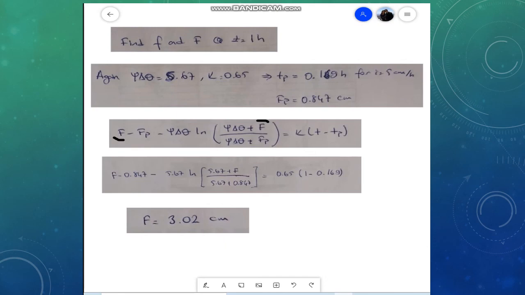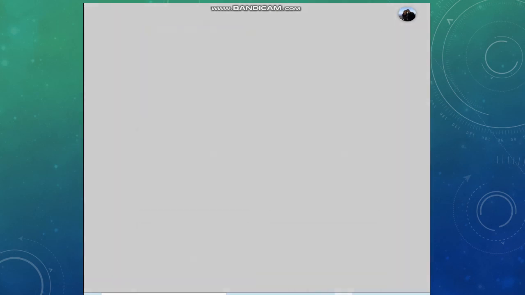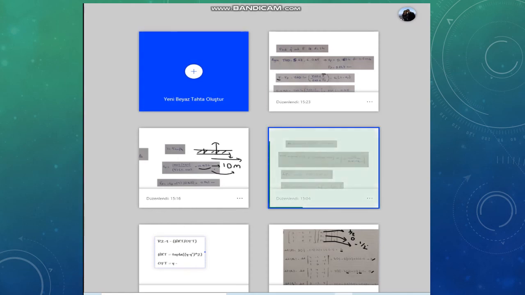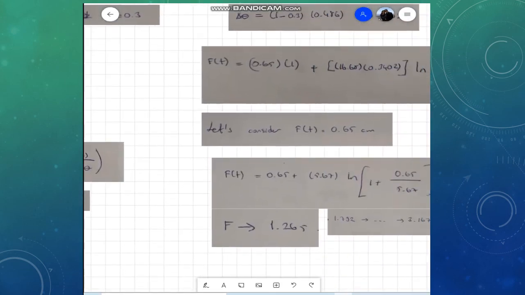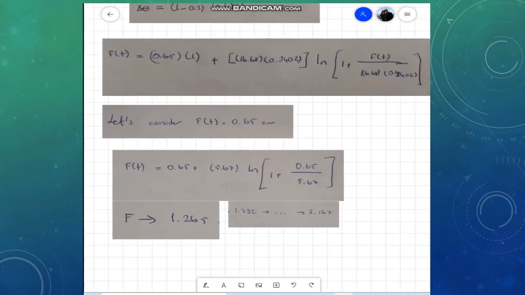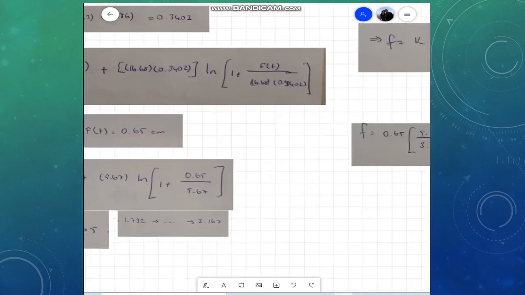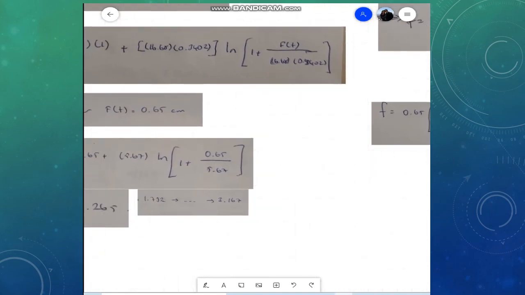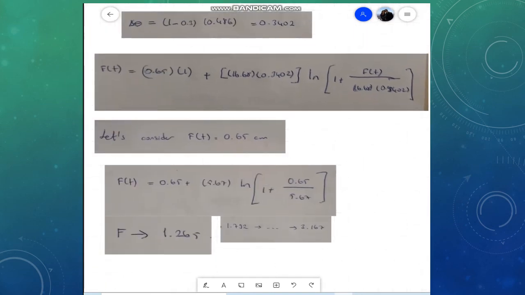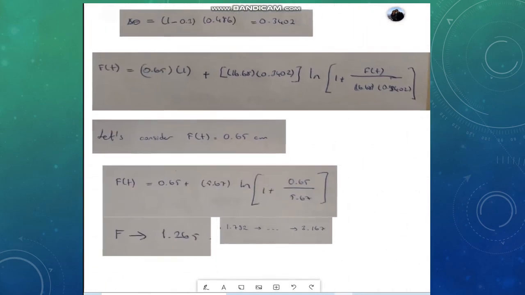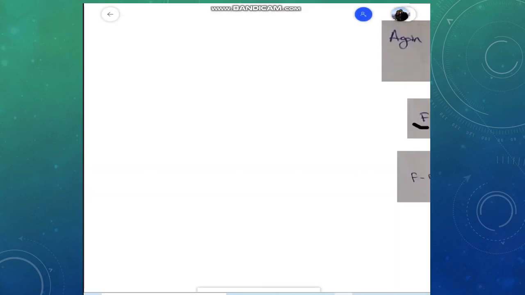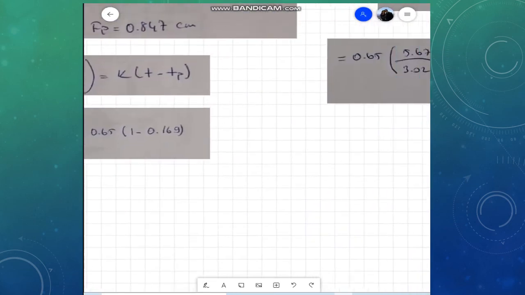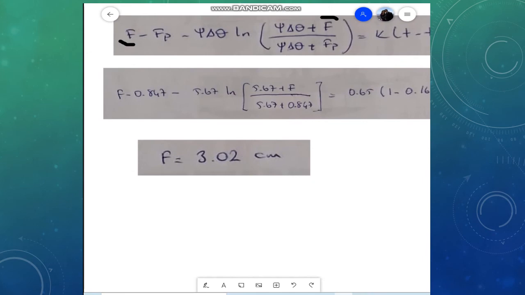Okay. Let's go back to the previous example. What we found. Okay. We found for 1 hour infiltration, where is it? Here, 3.167. So let me copy this one. Let's go back to what we solved right now, which is here.